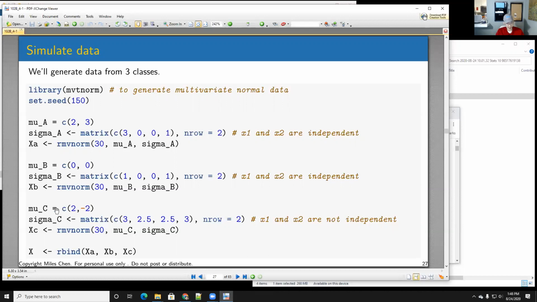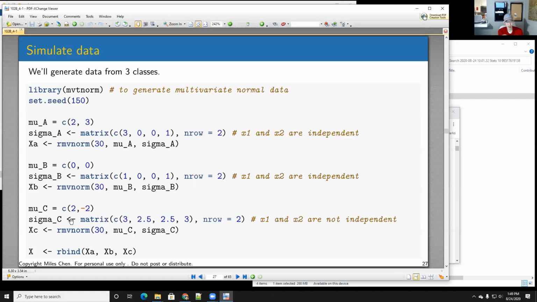And then the third class, C, has a mean of 2, -2, and variance matrix 3, 2.5, 2.5, 3. So x1 has a variance of 3, x2 has a variance of 3, and there's a covariance between these two of 2.5.